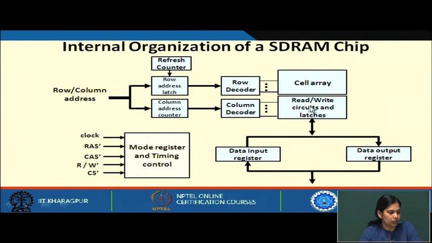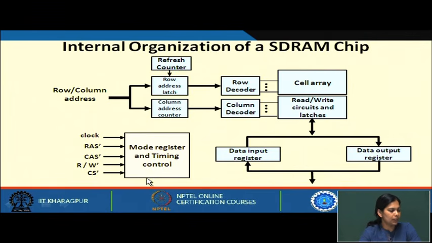The read write circuit and these latches are connected to the data input register and data output register. The data input register is required when we have to transfer data from the data bus to a particular cell. And if we want to output something from this chip, it will be output through the data output register.